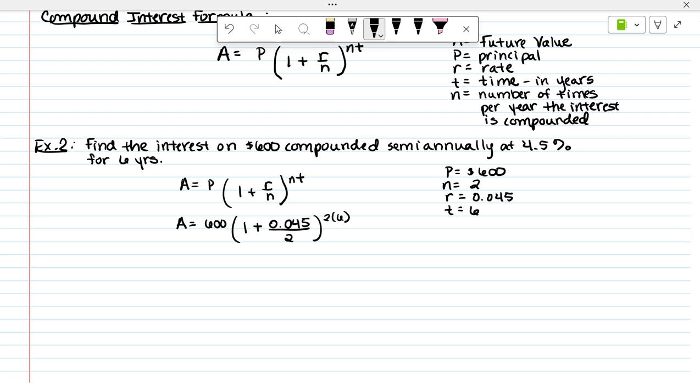And if you don't have a multi-view and you have the one that's right below that, you can do the same thing in there and nest. If you know how to nest the parentheses, you're fine with the calculator that you have. It's just that Desmos and the multi-view will show it to you exactly like you want to type it in, with the fractions stacked.